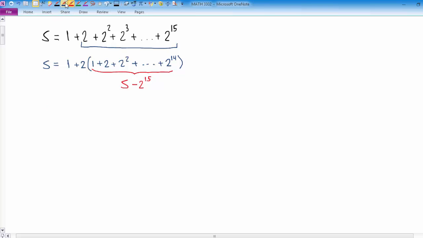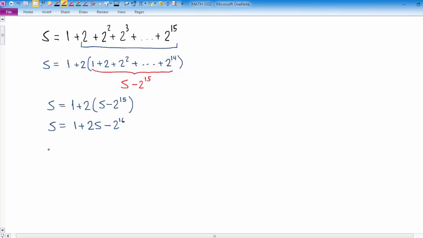And this will give us an equation, and we can solve it for the variable s. So this is 2 times s minus 2 to the 15th power. And this becomes 1 plus 2s, 2 times the 2 to the 15th power, that's 2 to the 16th power.